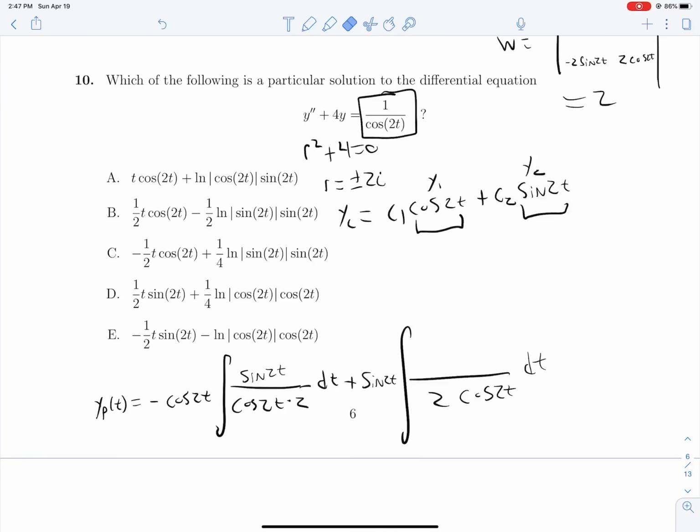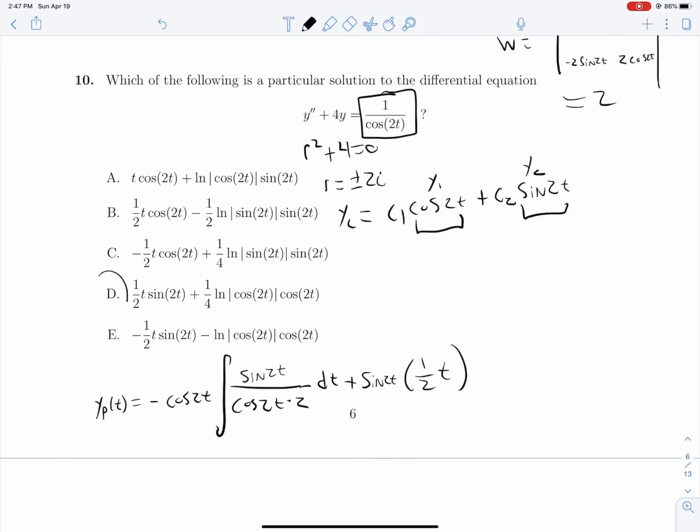So this simplifies our lives a lot because this will just be 1 over 2 here. So this integral will give us 1 over 2 t times sine 2t.